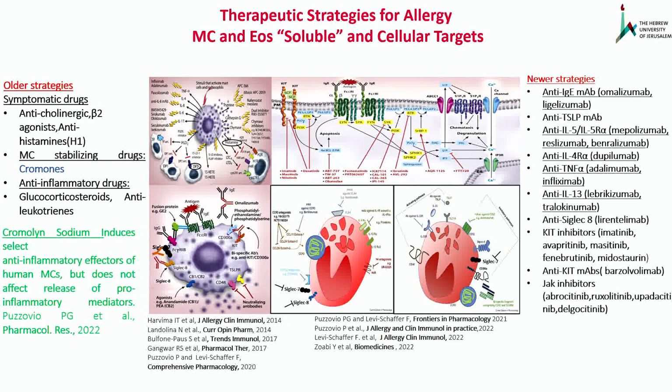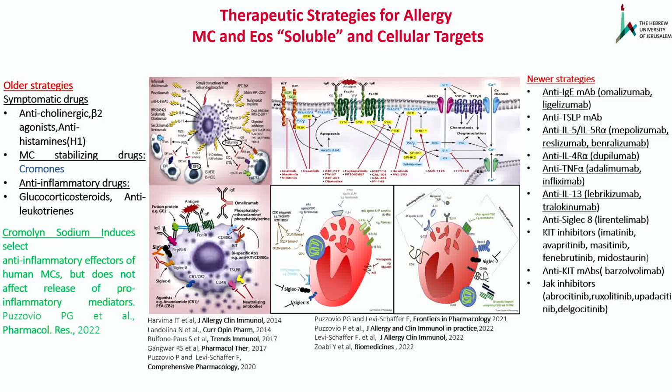One that has entered phase 2 is anti-Siglec-8 antibodies, however, not for asthma. It was unsuccessful for asthma, unsuccessful for atopic dermatitis, and now it's in trials for mastocytosis and chronic idiopathic urticaria.